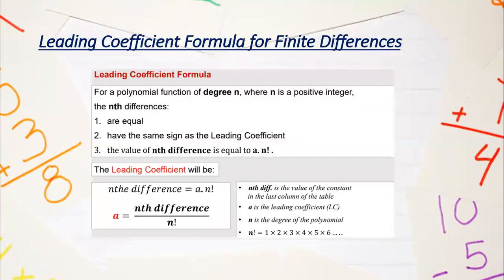This is the summary. Now we have the leading coefficient formula for a polynomial function of degree n, when n is a positive integer. The nth differences are equal.